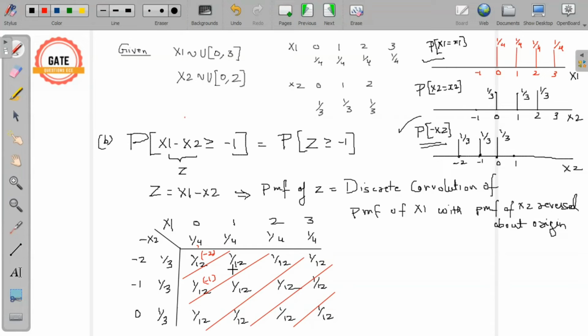Similarly for this element it will be -2 plus 1, so it will be -1. So both these elements here have the same value of z, -1 here and -1 here. Similarly for these three elements you can calculate that the value of z will be 0.